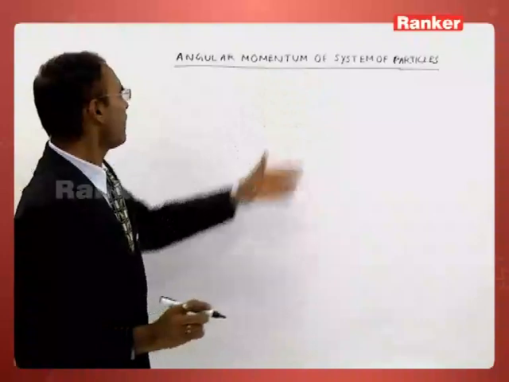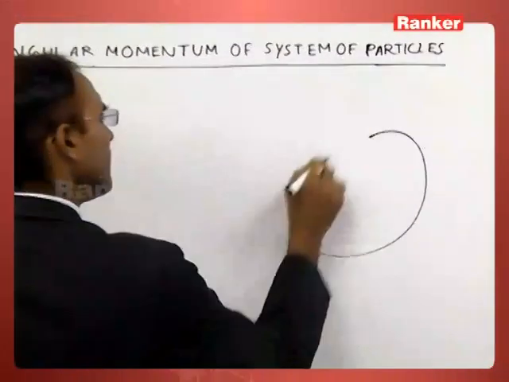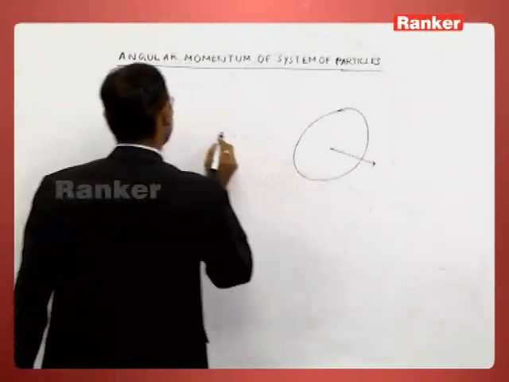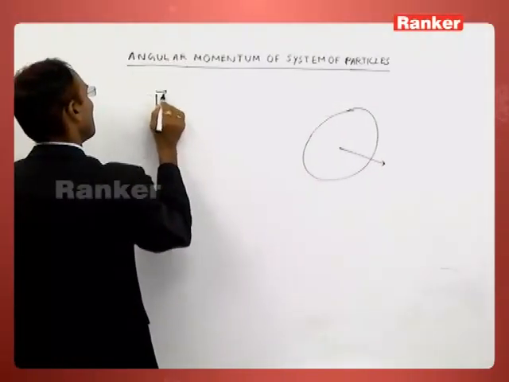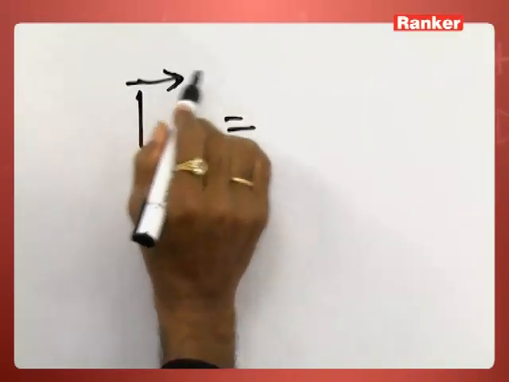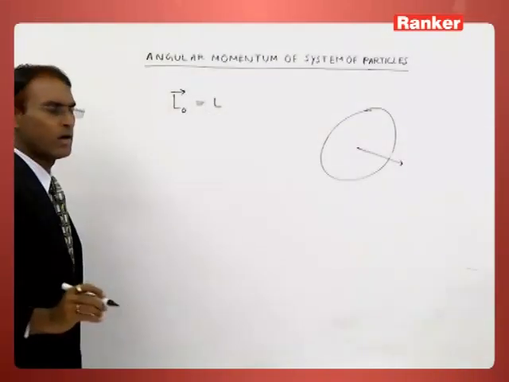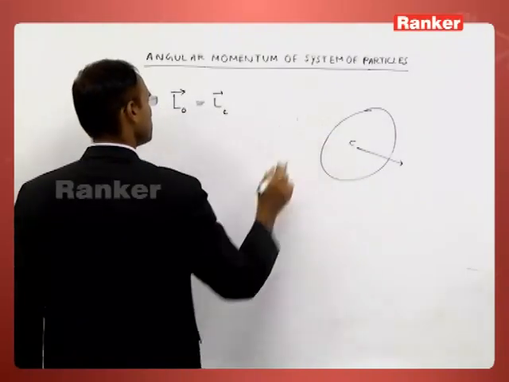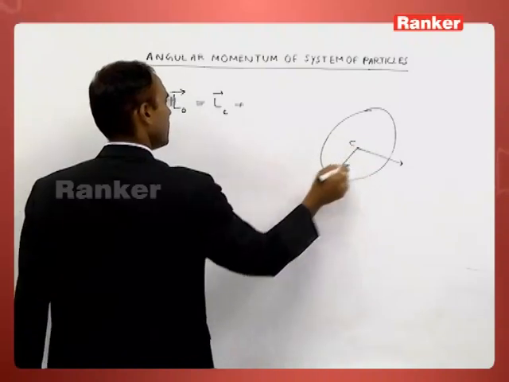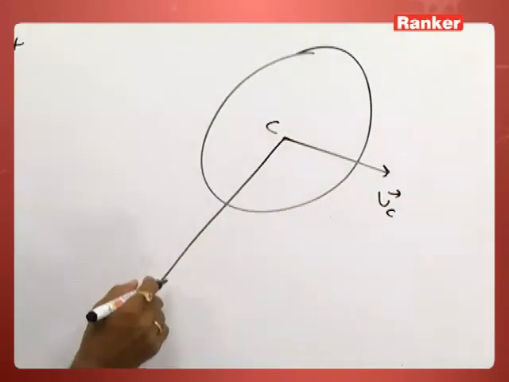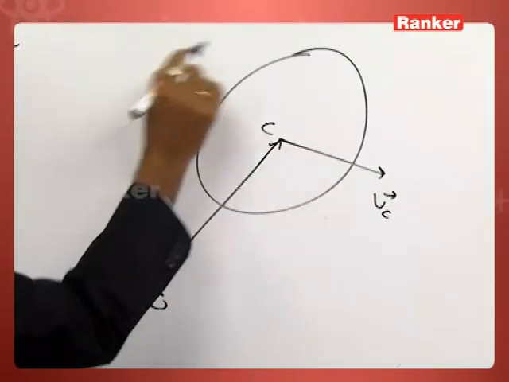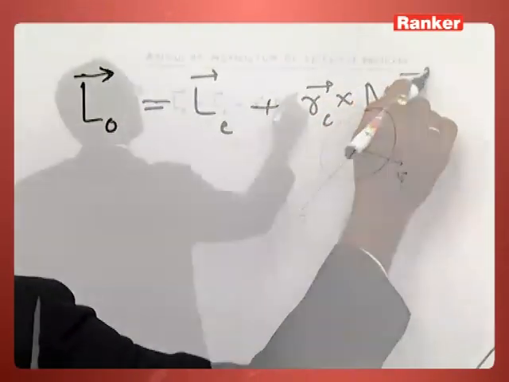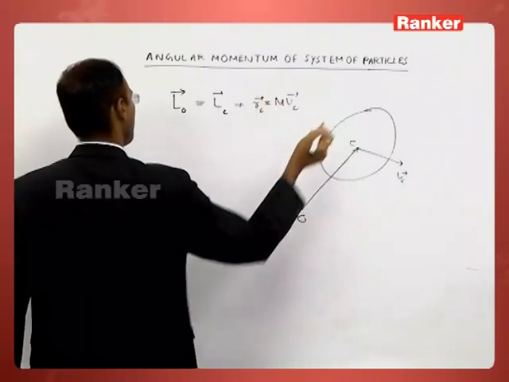So, angular momentum of the system of particles is the sum of two angular momenta. One is the angular momentum of the system of particles measured with respect to the center of mass frame, and the other is the angular momentum of the center of mass, where this is the total mass of the system.